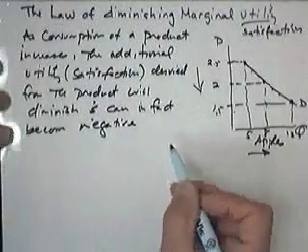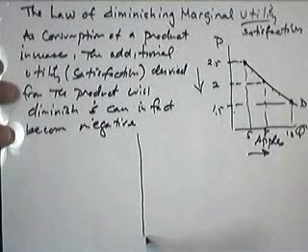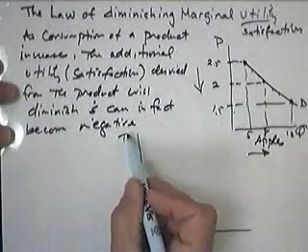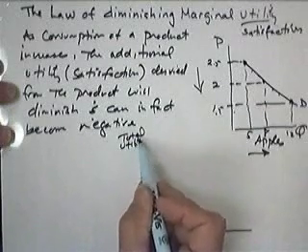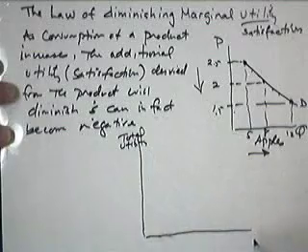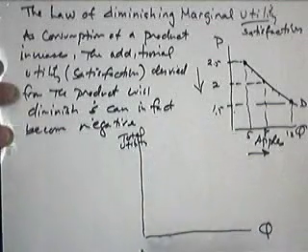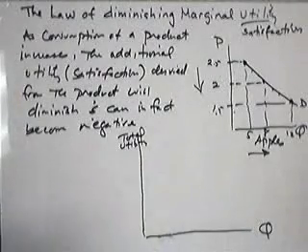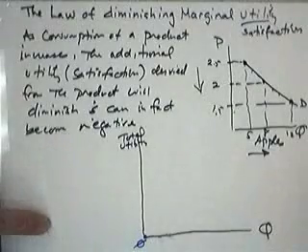So let's look at this issue. Here on the vertical axis, I'm going to measure total utility, and on the horizontal axis I'm going to measure the quantity. So when an individual is consuming 0 units, there is no utility derived from the product.